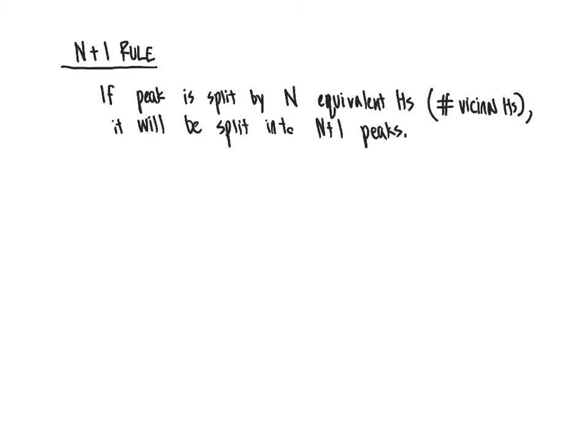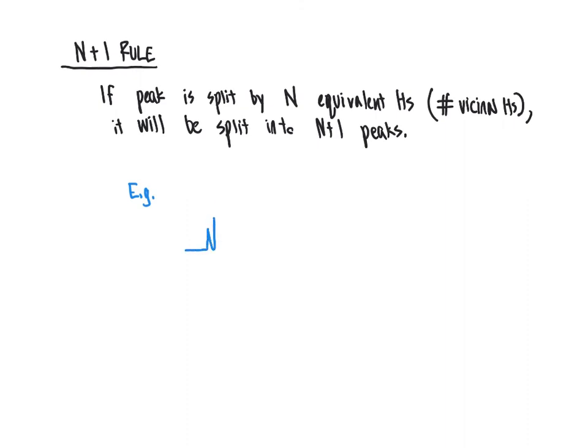We can look at the specific splitting pattern, the ratios of the peaks within that splitting pattern, in order to deduce the number of vicinal hydrogens, because the number of vicinal hydrogens that are equivalent is going to be predicted by this n+1 rule.